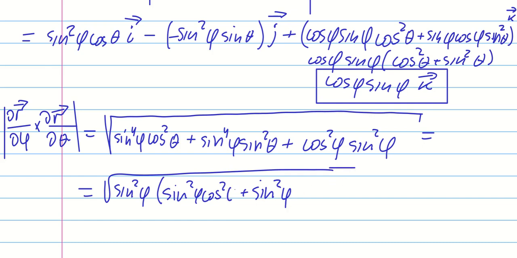Sorry, this should be theta: sine squared of phi sine squared of theta plus cosine squared of phi sine squared of phi.